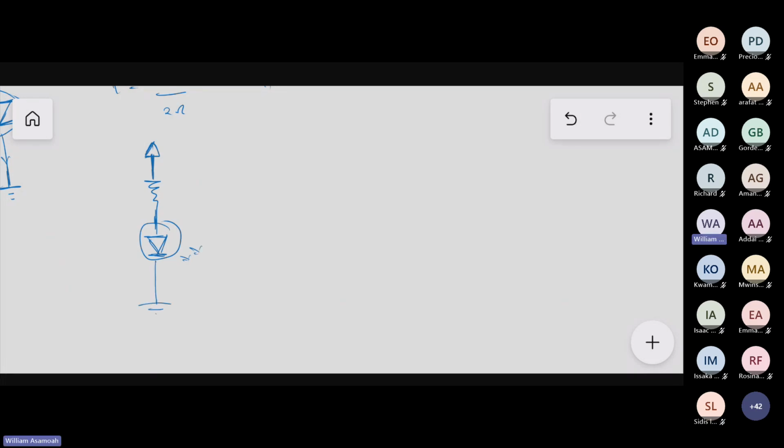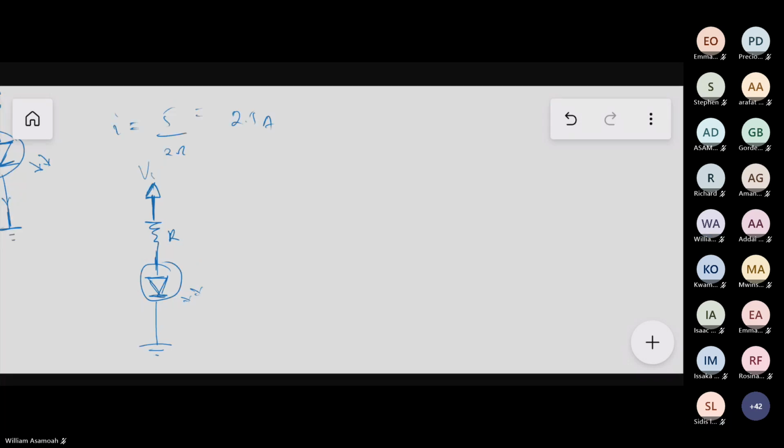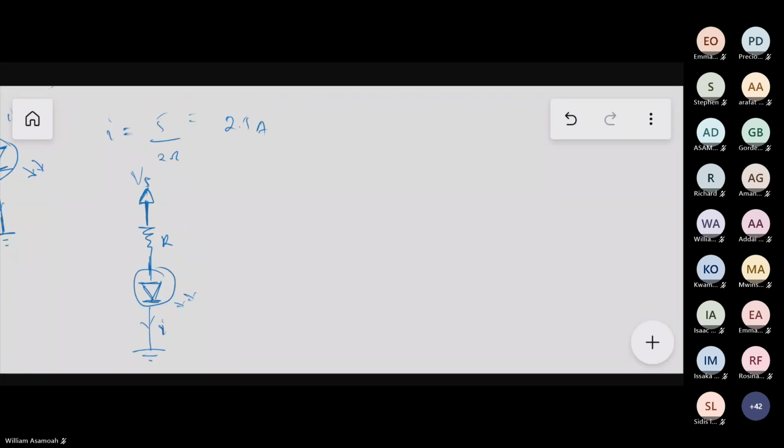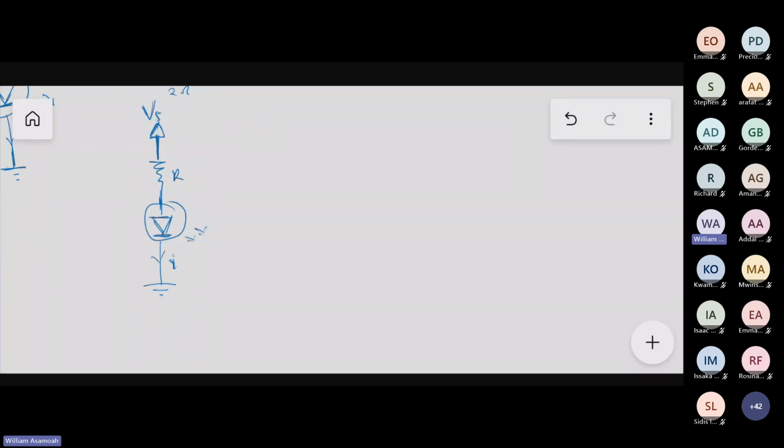Now, how do we select the size of this protector? You've done Kirchhoff's and circuit theorems, so you should be able to do this. We said that when the diode conducts, it has a certain knee voltage or forward voltage.